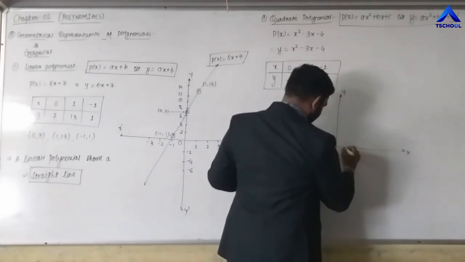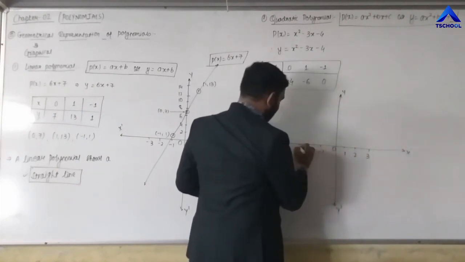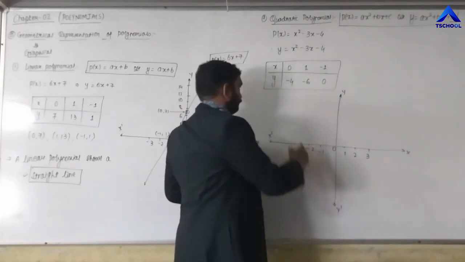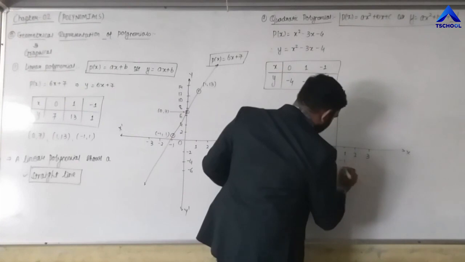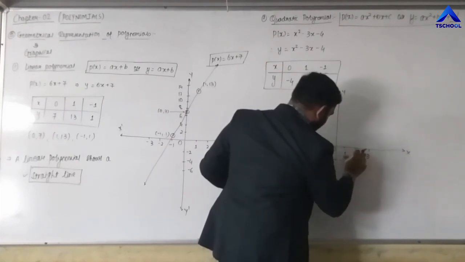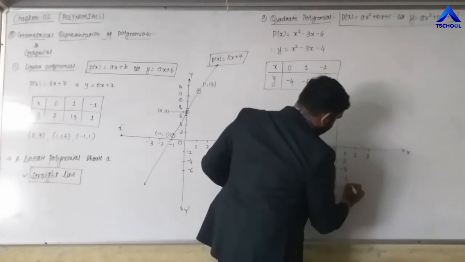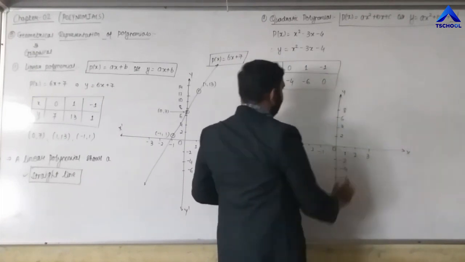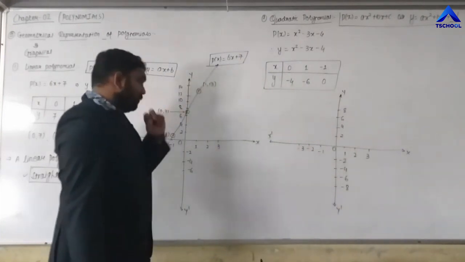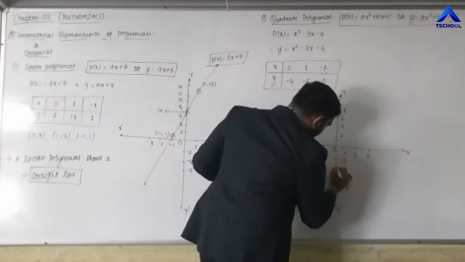So that is 1, 2, 3, minus 1, minus 2, minus 6. Okay, on 0 I am having minus 4, so that will be 0, minus 4 here.